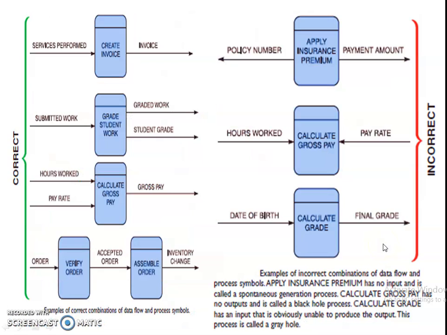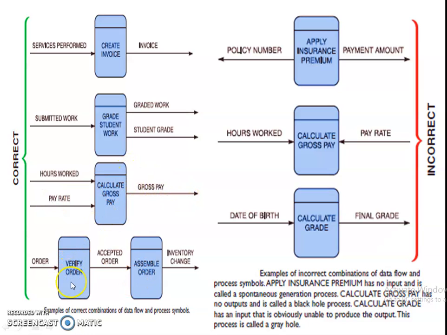Now, in this example, the correct way to use a process is presented. In every process, there must be a minimum of one input and a minimum of one output. It is also possible to have one input and two outputs, no problem at all, or two inputs and one output in that particular process.